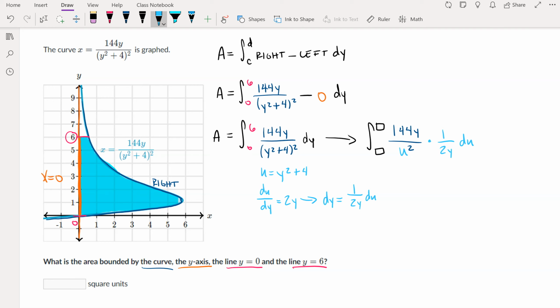Cool, you can see that these y's cancel. So equals the integral, we're not doing our boundaries until the very end, of 144 divided by 2 is 72. 72 over u squared du.